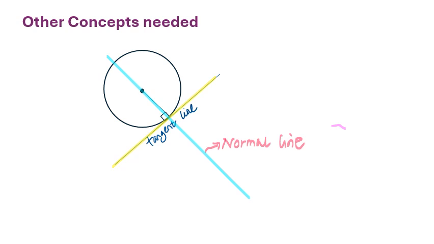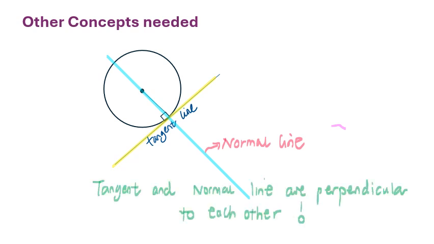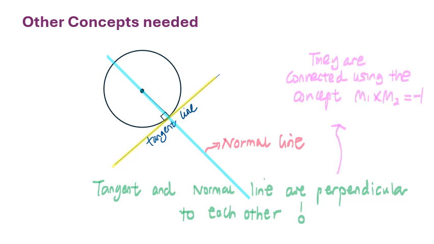When the two lines are perpendicular to each other, what is the concept involved here? Yes, it is when we need to apply m1 times m2 equals -1. So these are the additional concepts that you have to keep in mind when you're solving problems in this chapter.